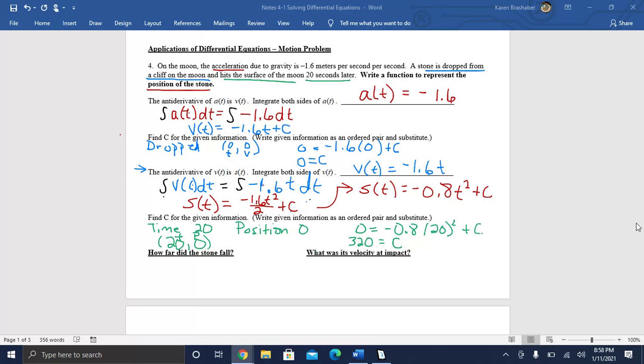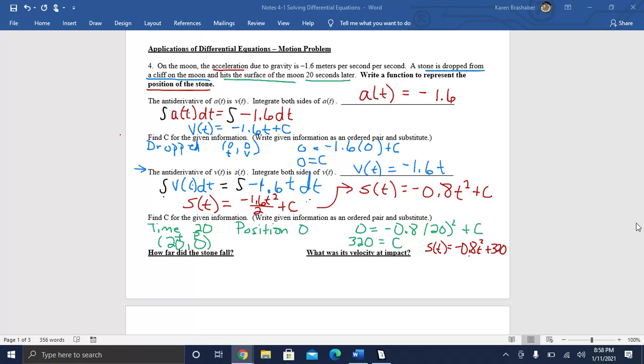And so the position function is s of t equals negative 0.8 t to the second plus 320. So that's the position function that then we should be able to use to answer whatever questions are asked.